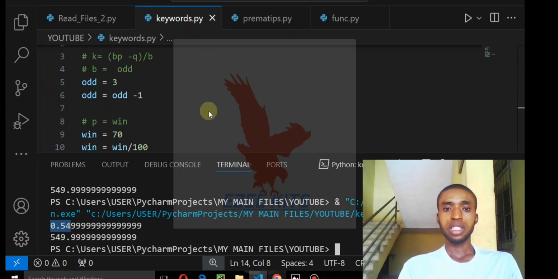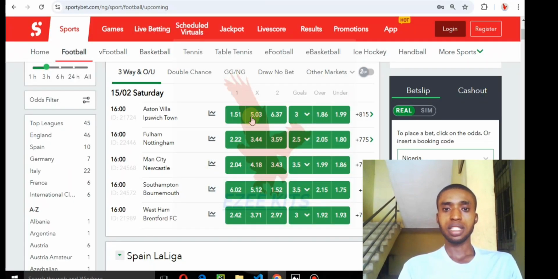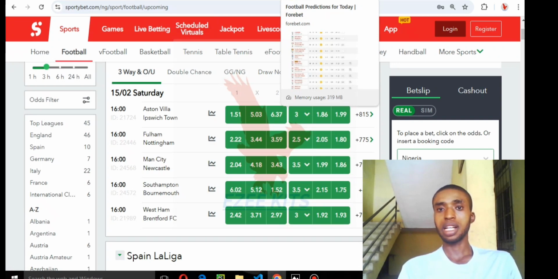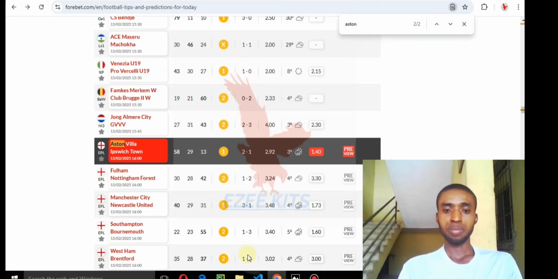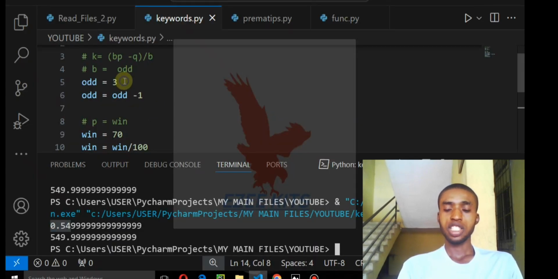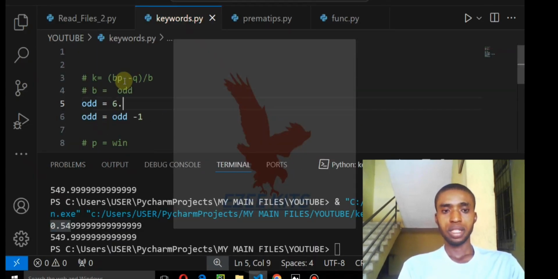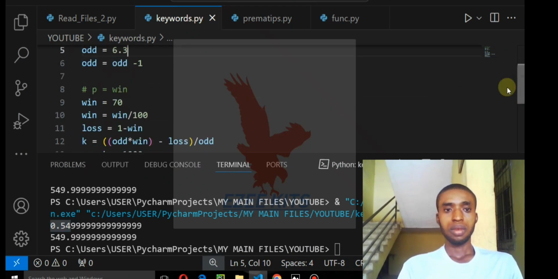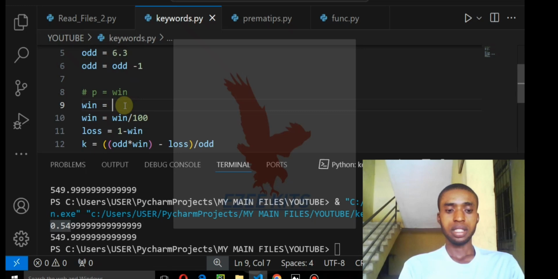So like I explained here, using this bookmaker, you can go on and check for this 6.37. Let's check what probability was estimated here, which was 13%. So here we're having 6.3, and here we're having 13%, which is going to be our win.